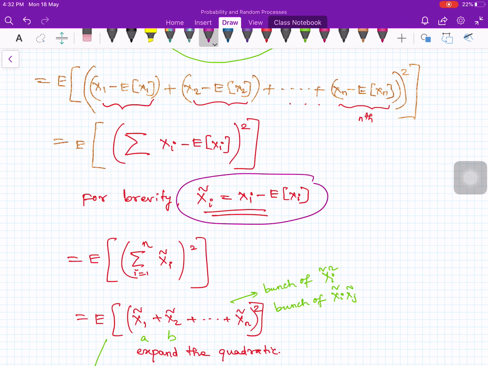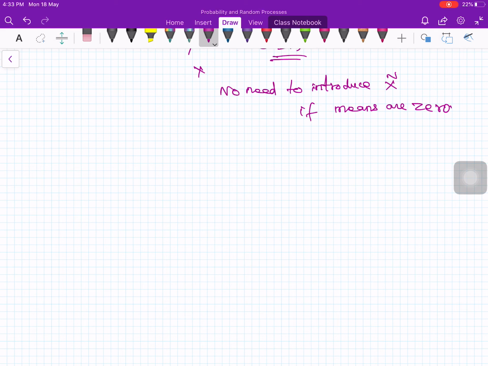So in this lecture we discussed the variance of the sum of random variables. Generally if the random variables are independent, then it is very easy: the variance of the sum is equal to the sum of the variances. And if the random variables are not independent, let's say there is some dependency, in that case covariance terms also will appear.